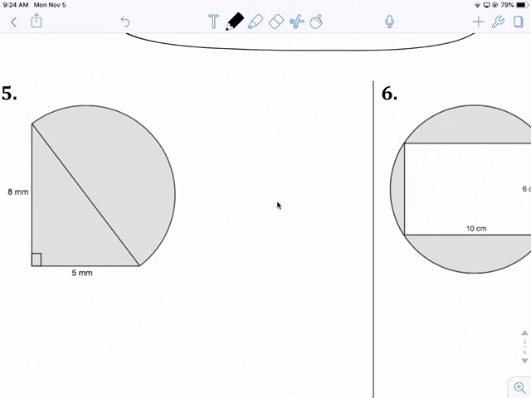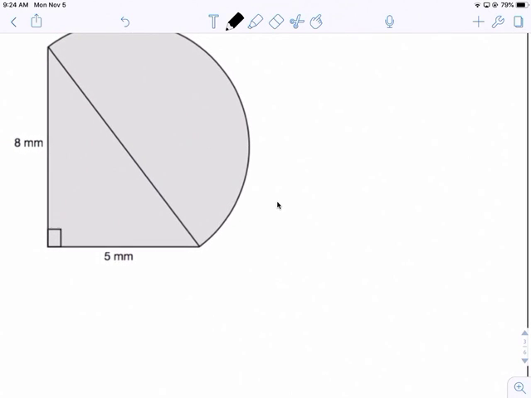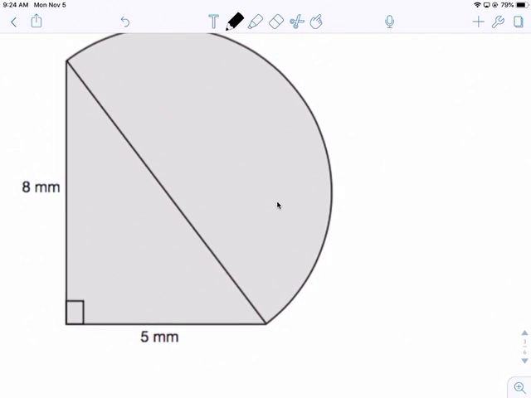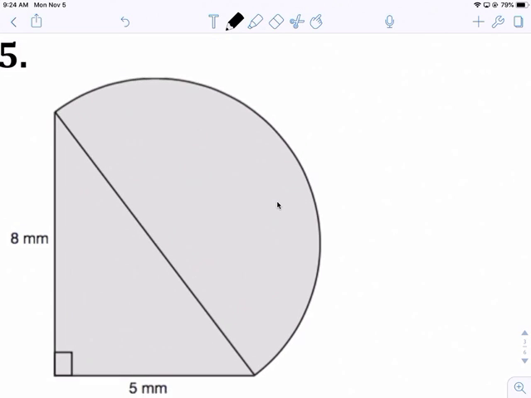This one too, number 5. Let me make sure that I'm using the right numbers. It's the same on the picture. Yeah, it's the same. Okay, I didn't change it. Okay, first you do area of half a circle.